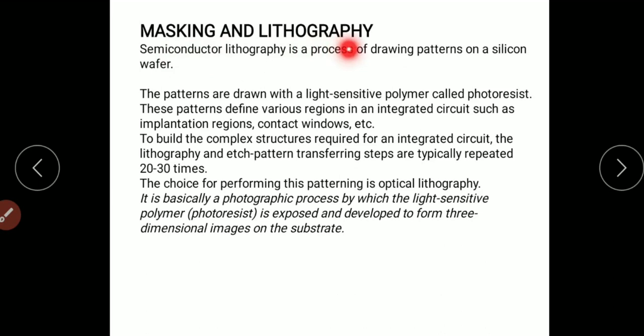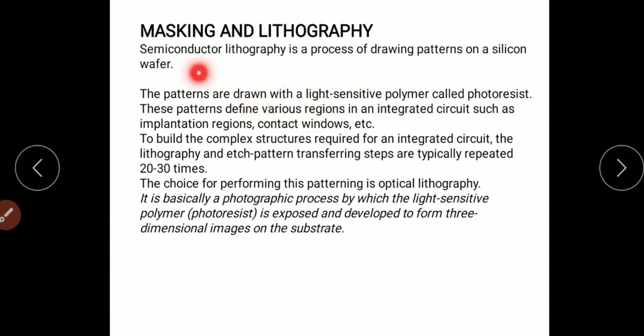Masking and lithography process. What is the necessity of the masking and lithography process? It can be used to define in which regions you have to develop the source and drain regions. This masking and lithography process can also be used to define those areas at which you want to implant different layers like metal.